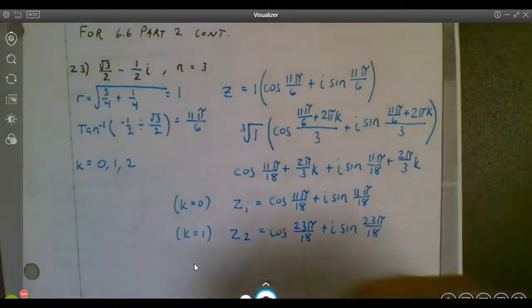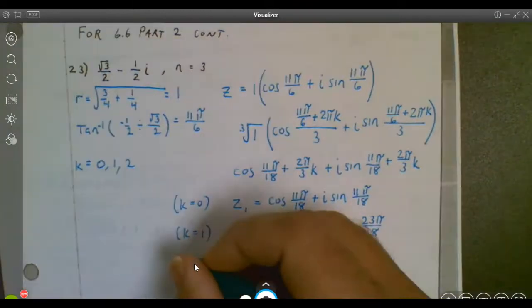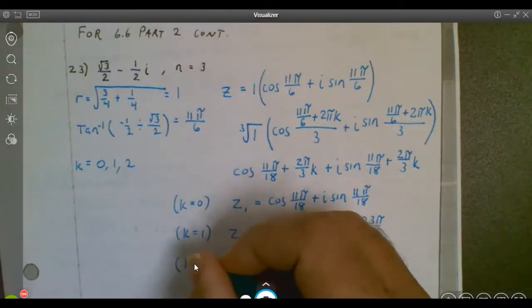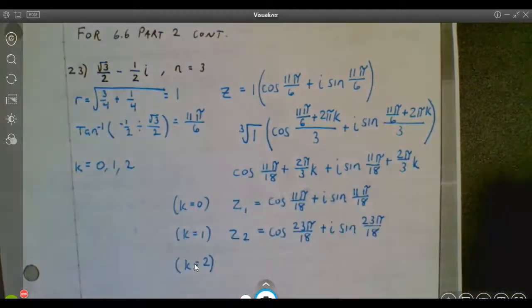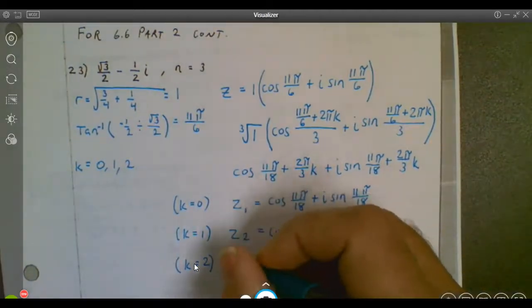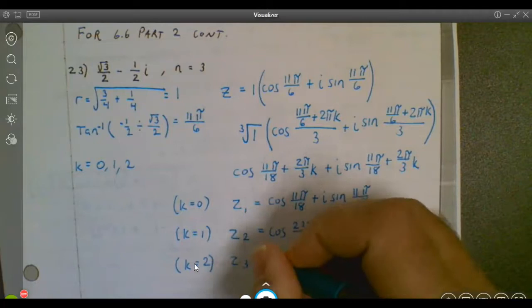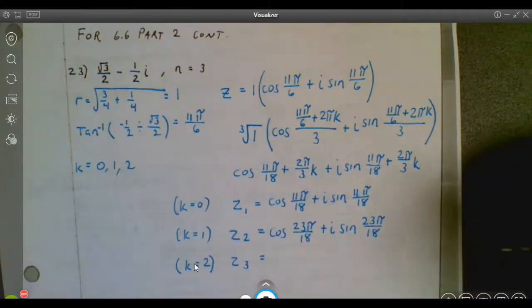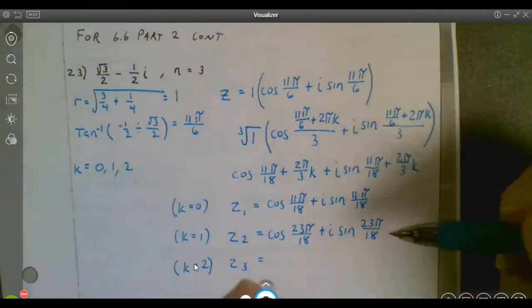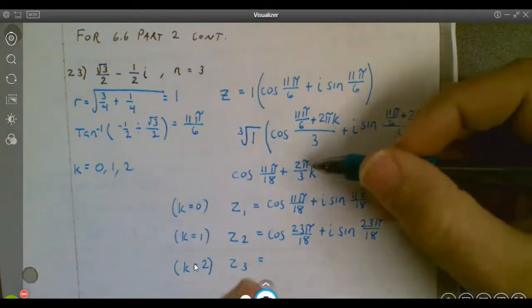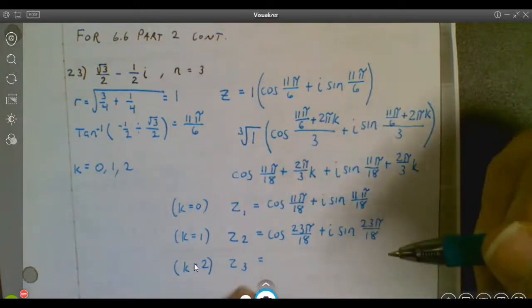So there's our second root, and to get our third root, we're going to plug in a 2 for k, meaning we're taking like 2 laps around the circle to get our third root here. So for the third one, we've plugged in a 2 for k, so this is now going to be 4 pi over 3.